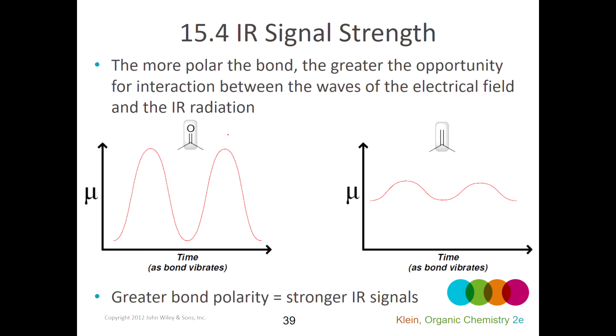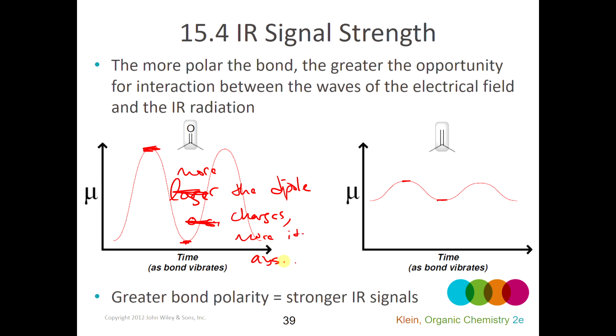So if I have a very polar bond, it's going to have an even greater dipole difference, right? When the bond is very long, it's going to be very polar, and when it's very short, it's going to be less polar. If I have a less polar bond, then the difference is minimal. And so the larger this difference is, or I should say the more the dipole oscillates from very polar to less polar, the more the dipole changes, the more it absorbs light.